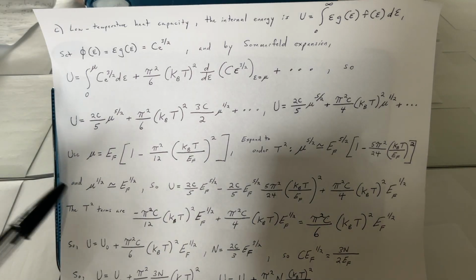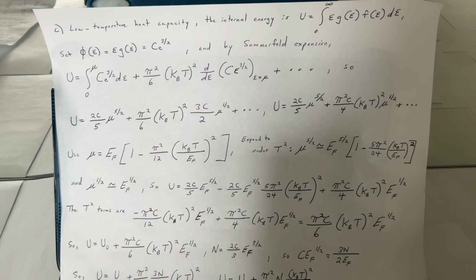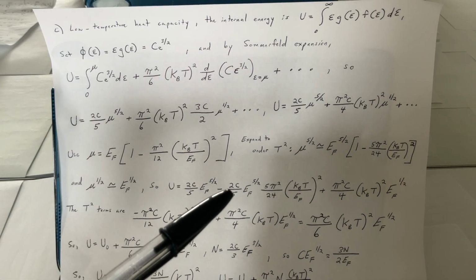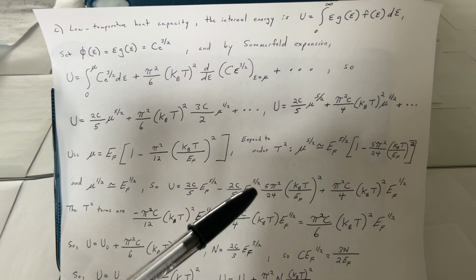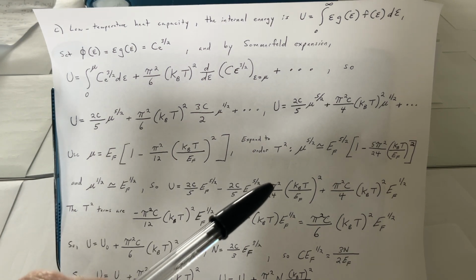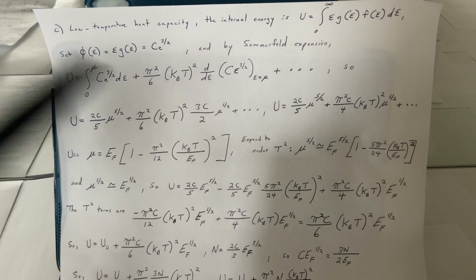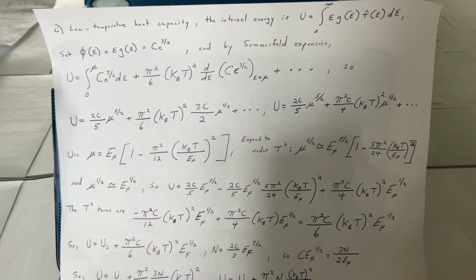So now from here, mu to the 1/2 is approximately equal to E_F^(1/2). So U equals 2c over 5 E_F^(5/2) minus 2c over 5 E_F^(5/2) times 5 pi squared over 24 times the quantity (k_B T over E_F) squared, plus pi squared c over 4 times (k_B T) squared E_F^(1/2).